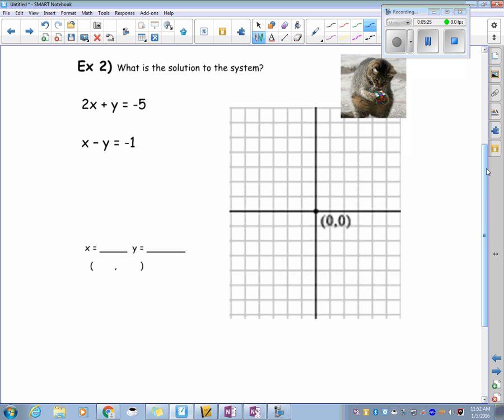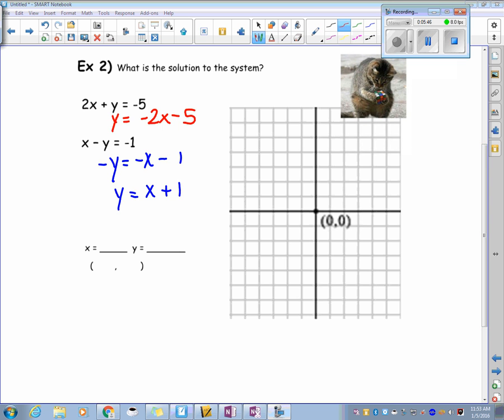What we're going to do is solve both of the equations for y, graph them on the same grid. So I'm recording this video for the absent people, so I'm going to pause it right now while we wait. Okay, now that we've solved these for y, we're going to graph them.